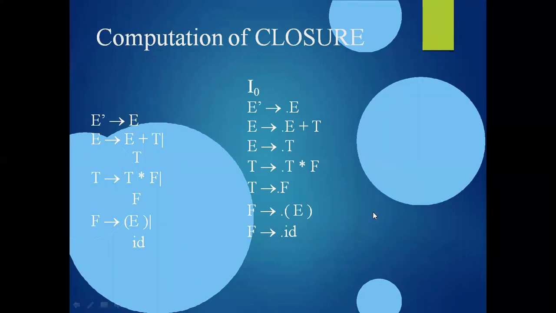It may be an NFA or a DFA, whatever it may be. Whatever grammar we take, we consider it as a context-free grammar, and by taking the context-free grammar we implement all these steps, and finally we construct the parsing table and represent the finite automata.